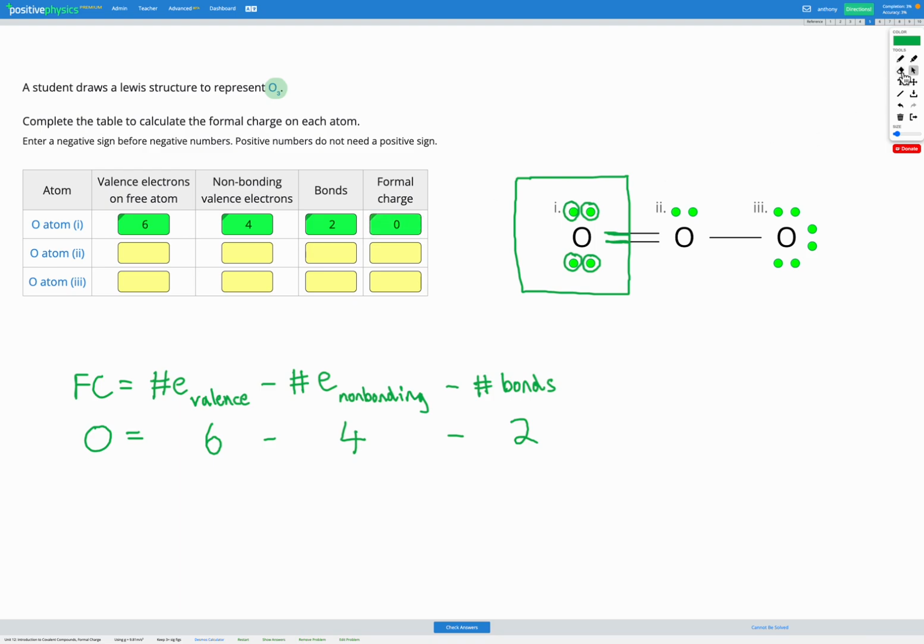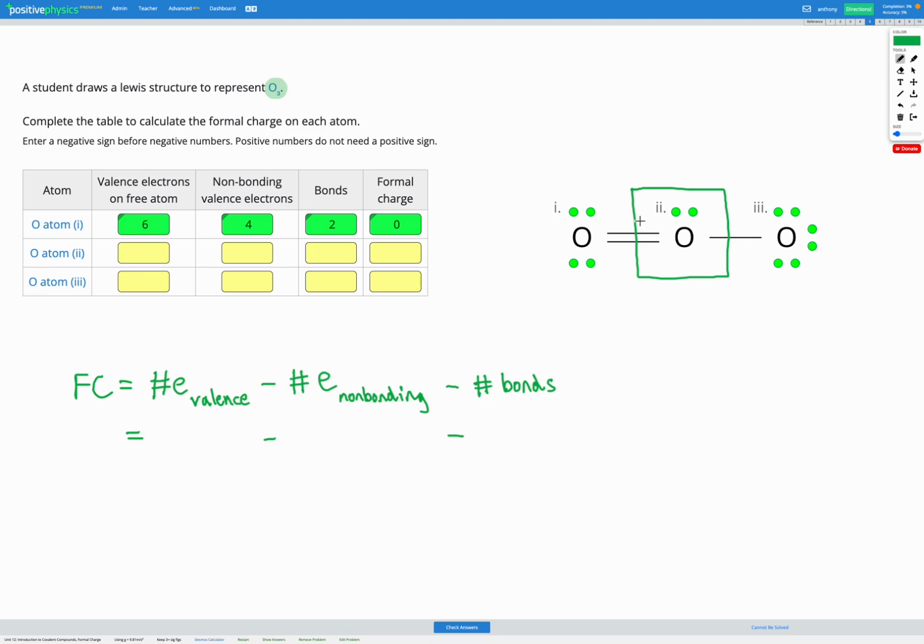Okay, now let's look at our next oxygen atom, oxygen atom 2. First we need the valence electrons on the free atom. This is going to be the same for oxygen, since it's just to do with the number of valence electrons that atom has according to the periodic table.